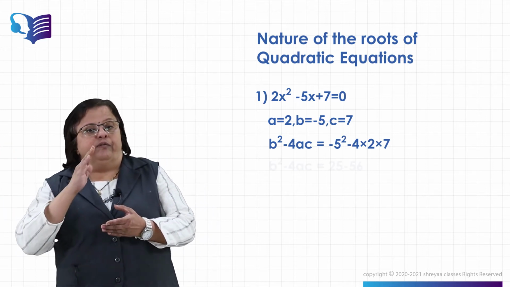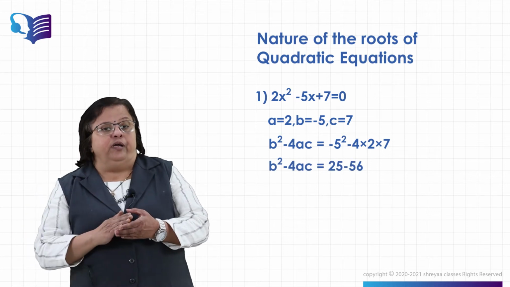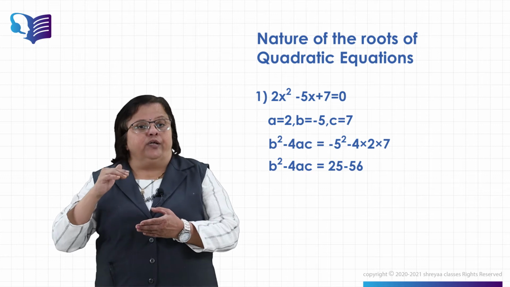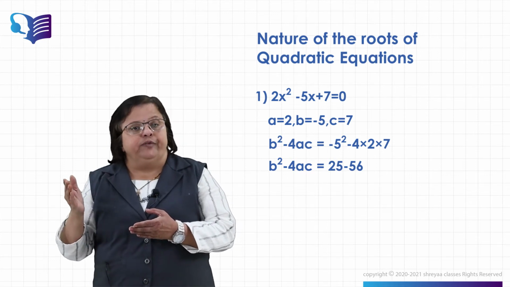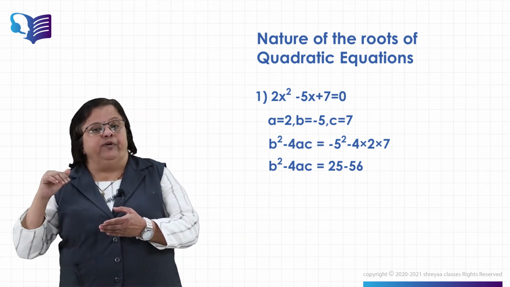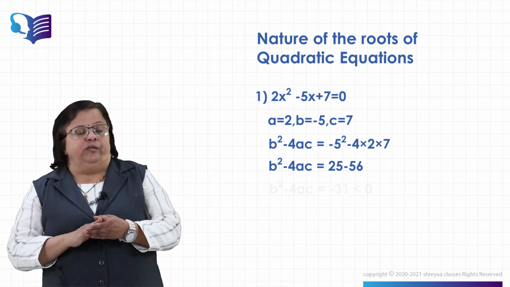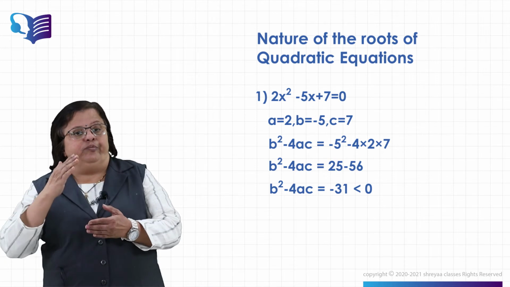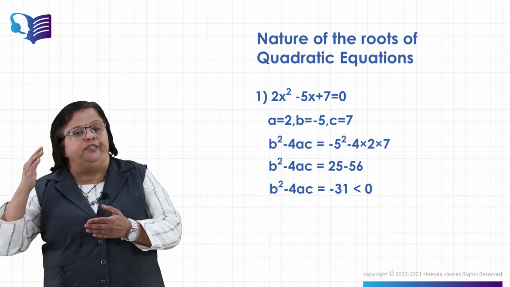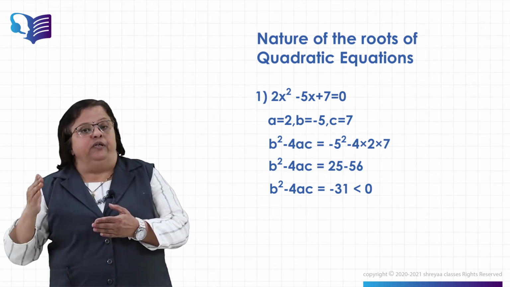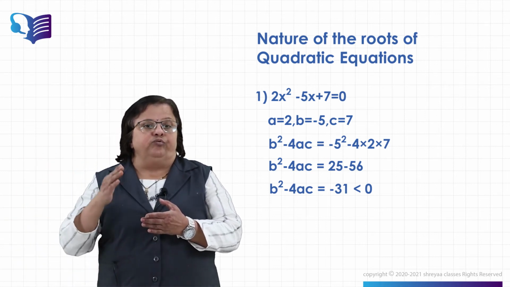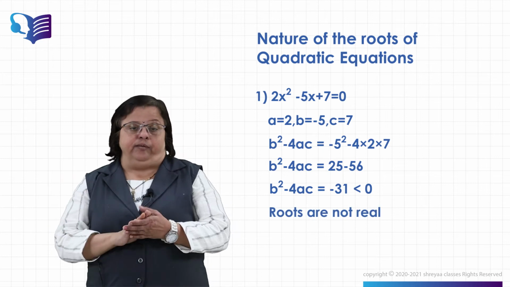So 5 square is 25. 4 into 2 is 8. 8 into 7 is 56. So 25 minus 56. What is the answer? It is minus 31. So b square minus 4ac is equal to minus 31, which is a negative value, less than 0. Therefore, the roots are not real.